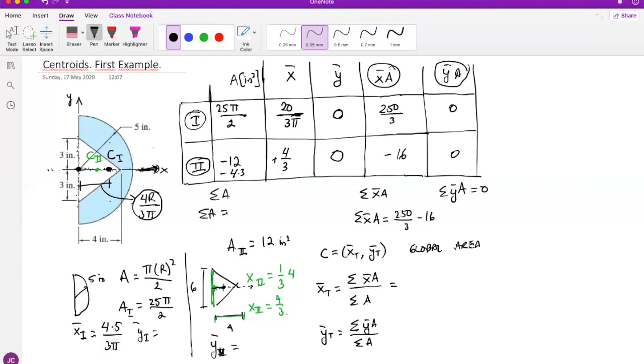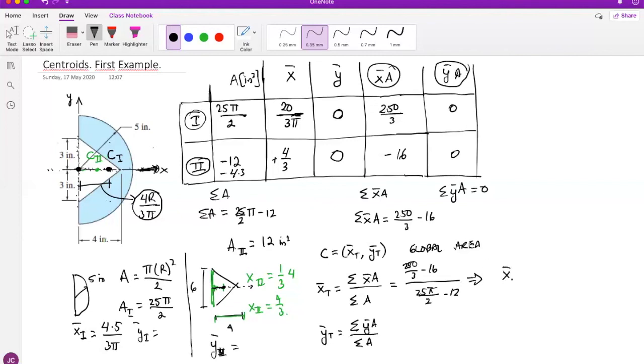Adding all the areas will give me 25 pi divided by 2, minus 12. You just need to put numbers over there, for example, 250 divided by 3 minus 16, and everything is going to be divided by 25 pi divided by 2 minus 12. Sorry, I betrayed myself by using the calculator before, and I have this number.